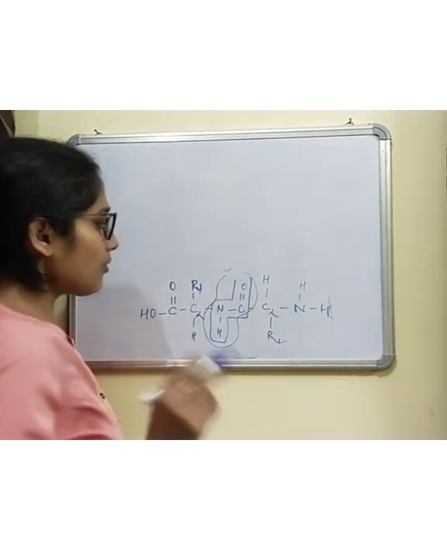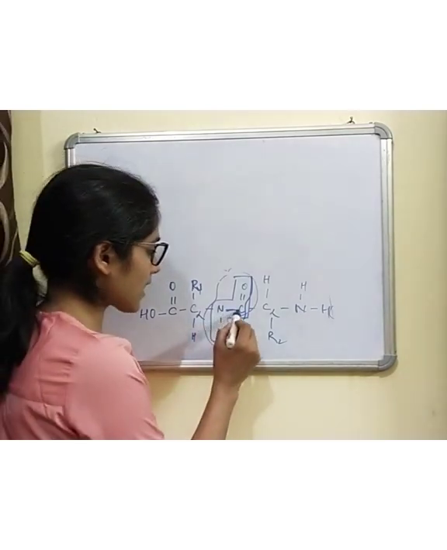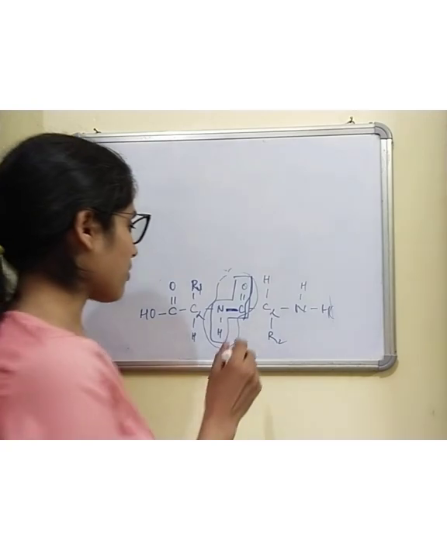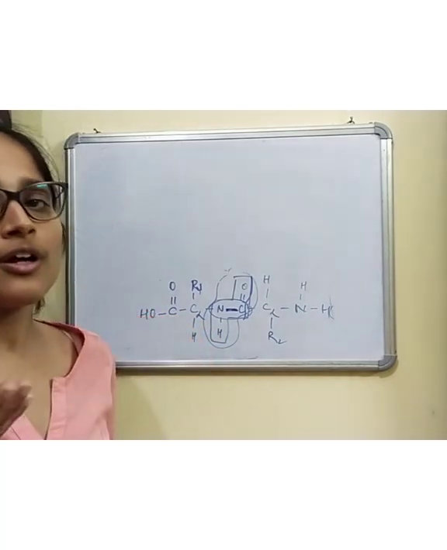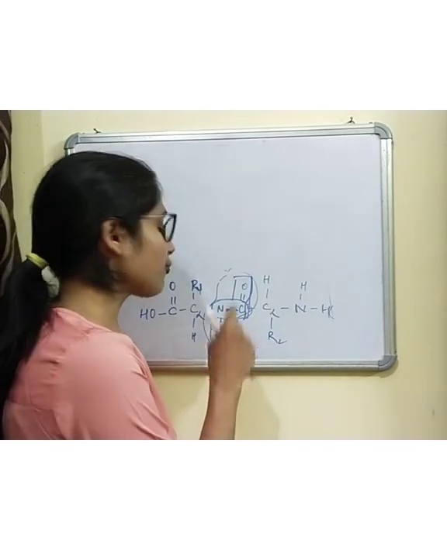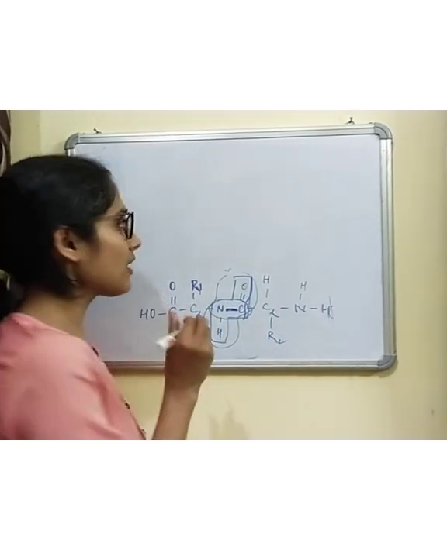Okay, now this NC bond is very important, and it imparts the specific characteristics of the peptide bond because of the property of resonance. It means it has partial double bond character.